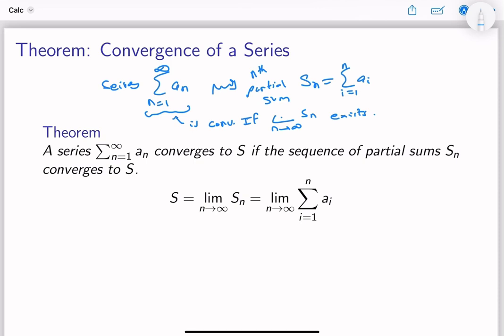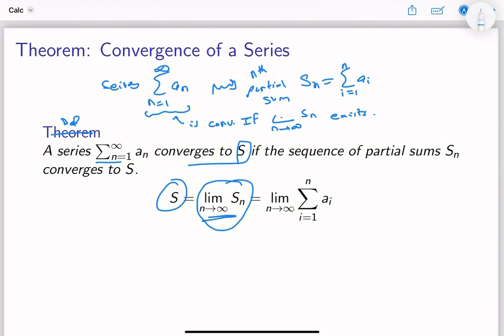This is more of a definition, I would say. A series of this form converges to a number s if the limit of the partial sum is equal to s. We say a series diverges to infinity if the limit is equal to infinity, or a series diverges if the limit does not exist.